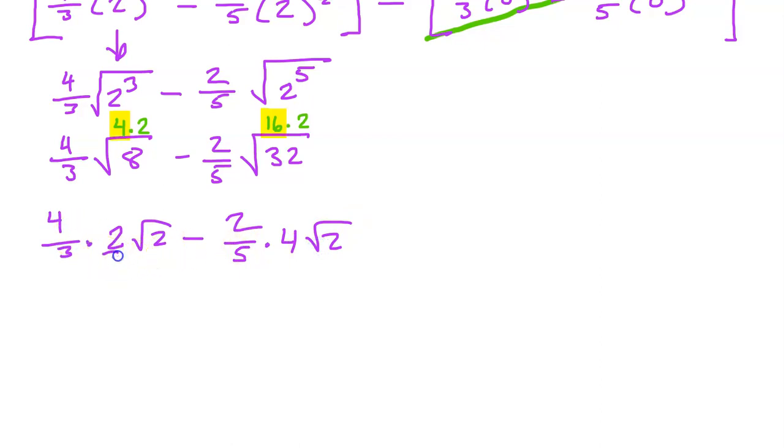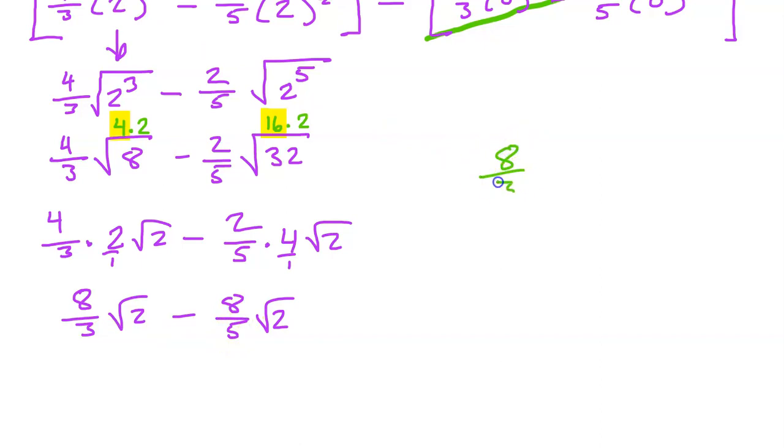So if we just multiply right here, we're going to have 8/3 radical 2 minus 8/5 radical 2. Because they both have this radical 2, these are actually like terms. So we need to just go ahead and do 8/3 minus 8/5. And I feel like doing that off to the side.